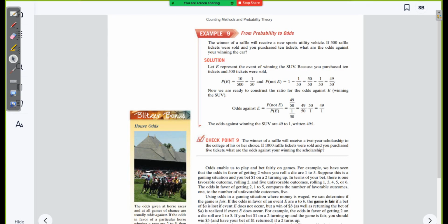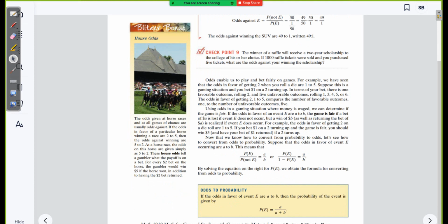All right. And lastly, we're going to be talking about the odds to probability, and this is a super duper easy formula. It's another one of those things that you can just kind of figure up in your head.